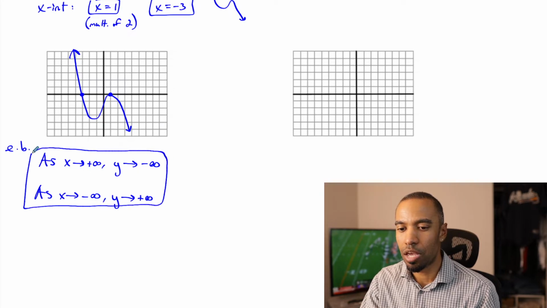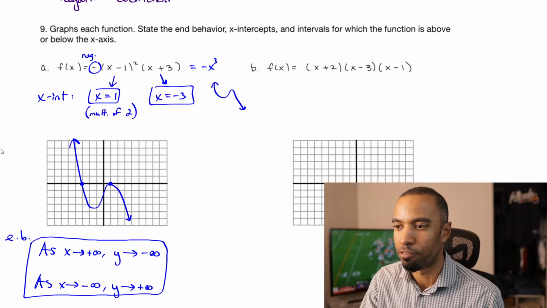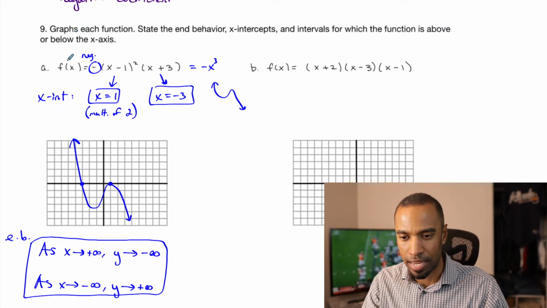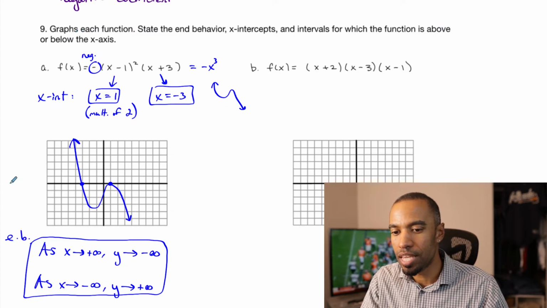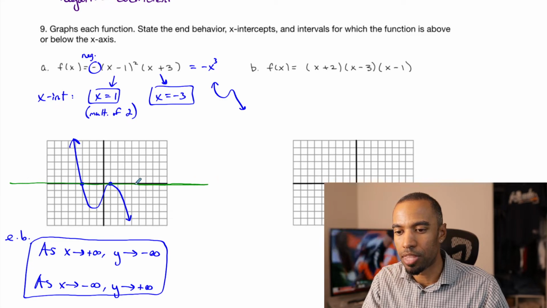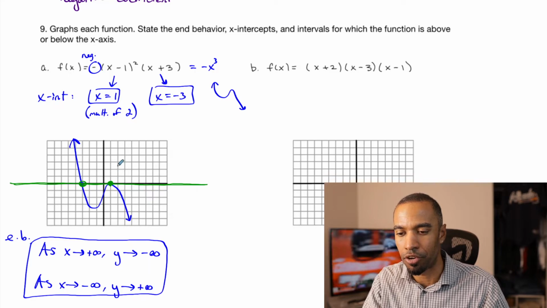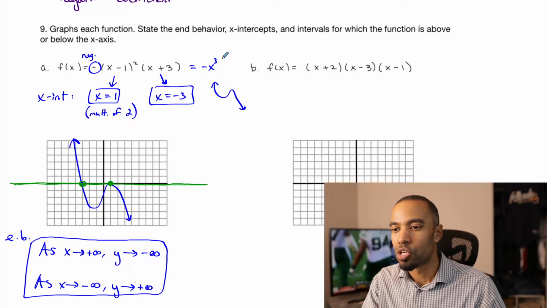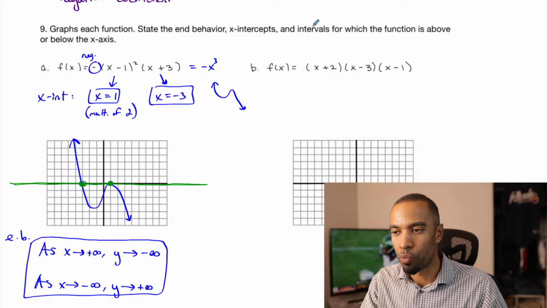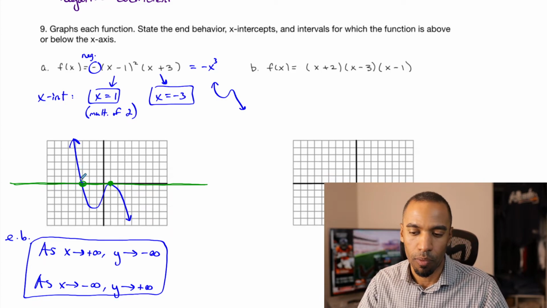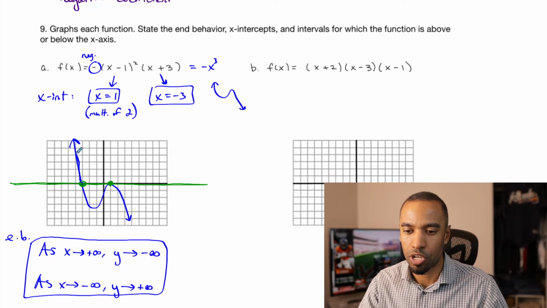And lastly, they want us to find intervals where your function is above the x-axis and below the x-axis. So here's the x-axis right here. Things on the x-axis, such as the intercepts, these zeros, they're on it. They are neither above nor below. So as far as intervals for which they're above or below, we've got to state that these x values right here have y values that are above the x-axis.